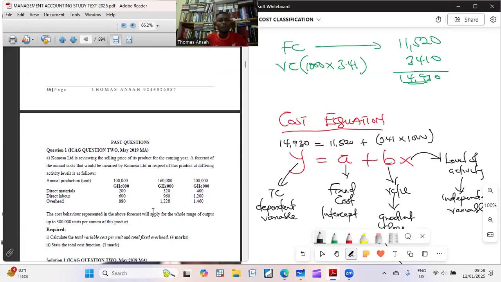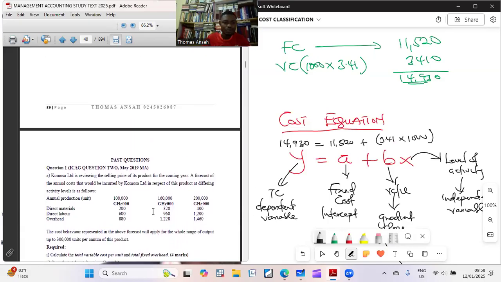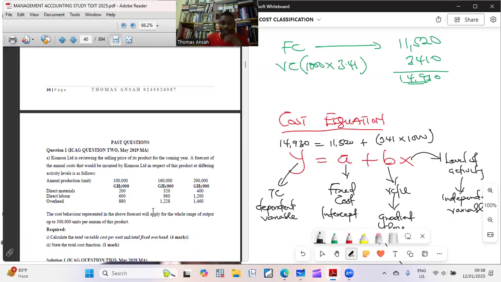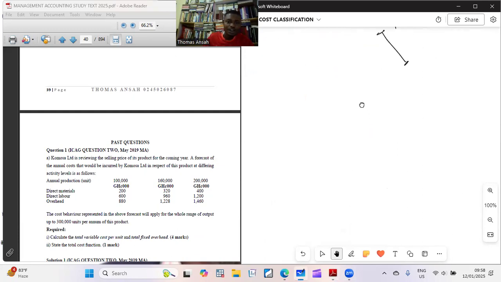So we have a past question here. May 2019, management accounting, which is a high-low principle, and we need to go through to do that. So how are we going to do it? The same principle: the highest level of activity, the lowest level of activity. I told you activity is production levels, so don't get confused.